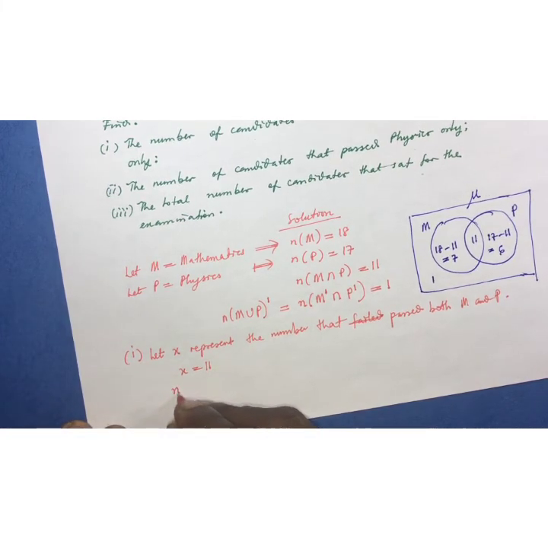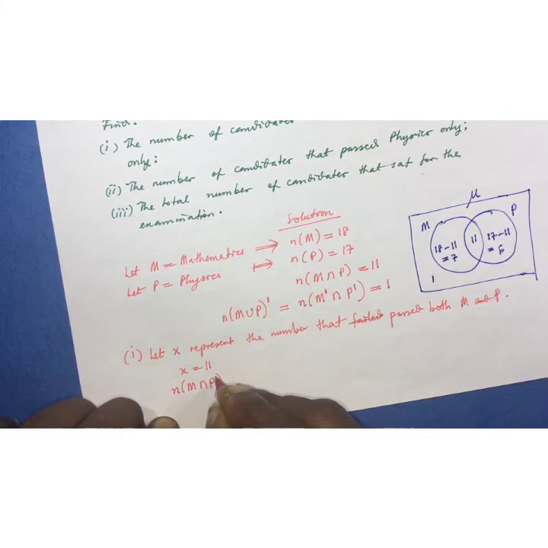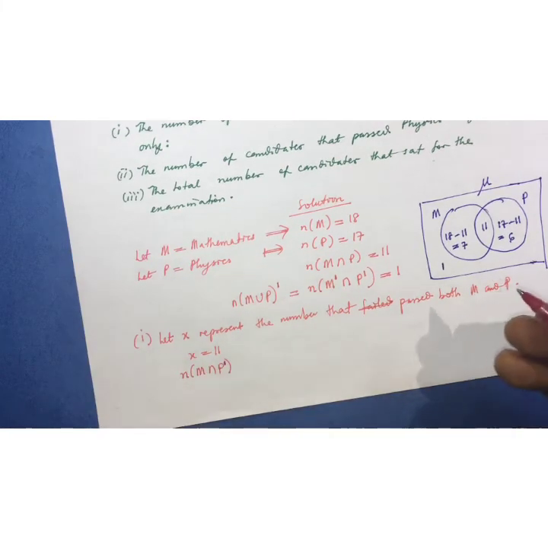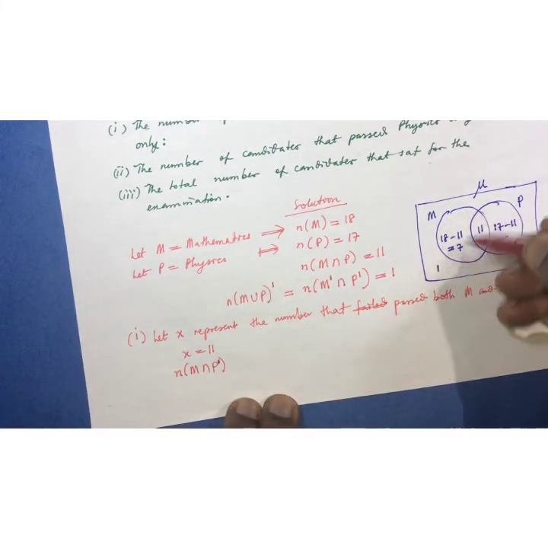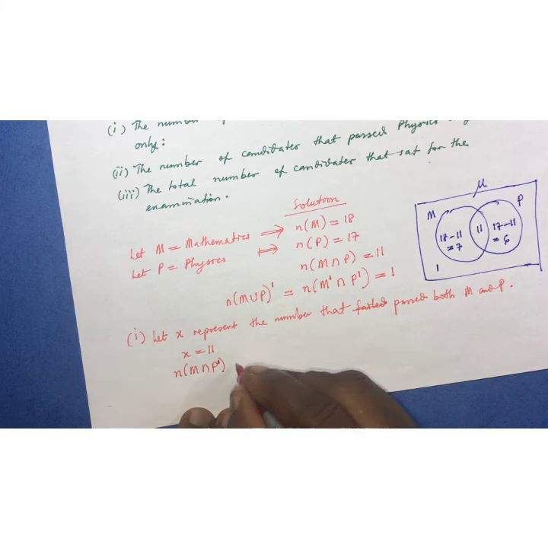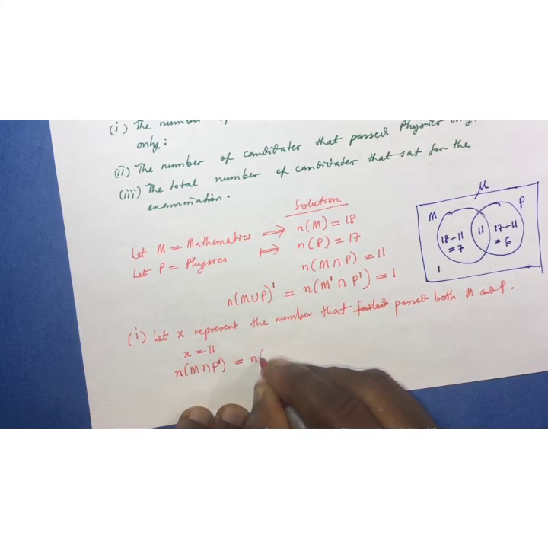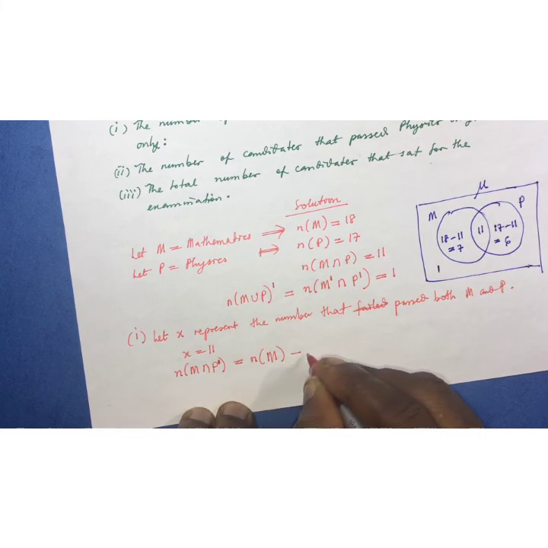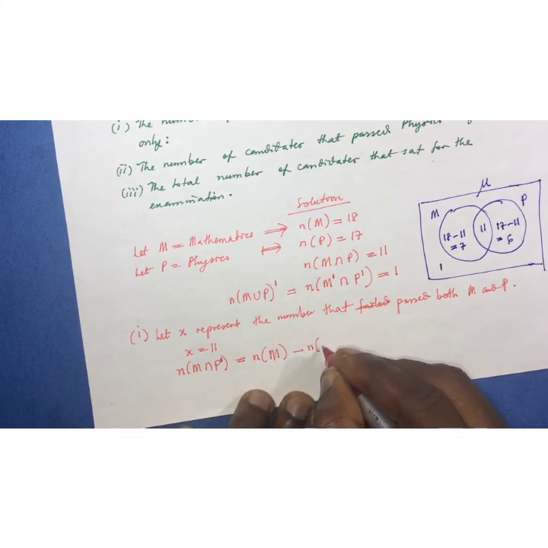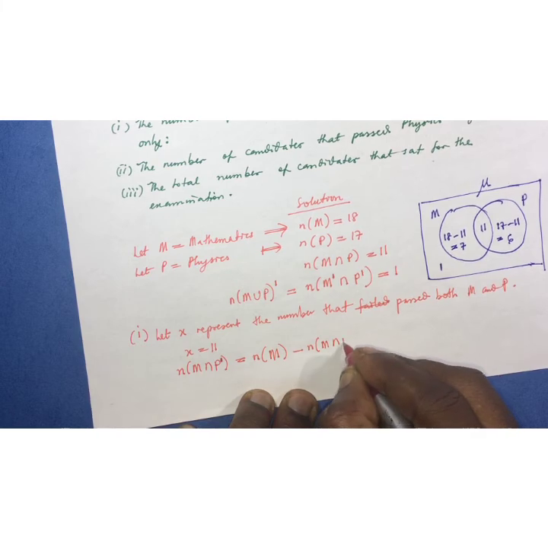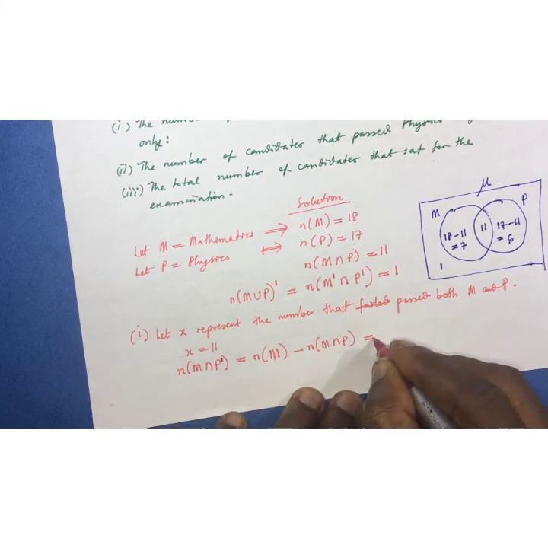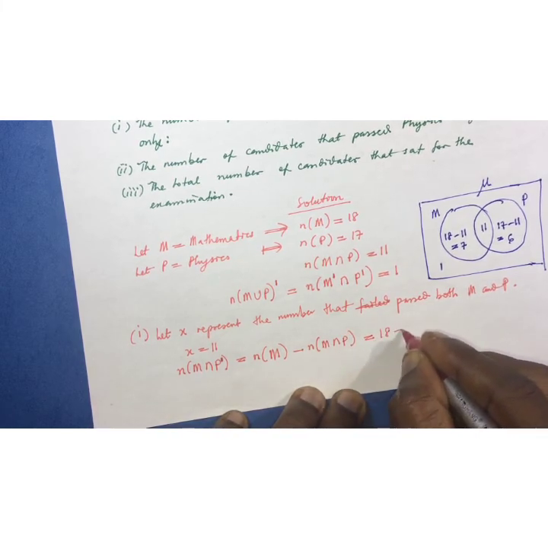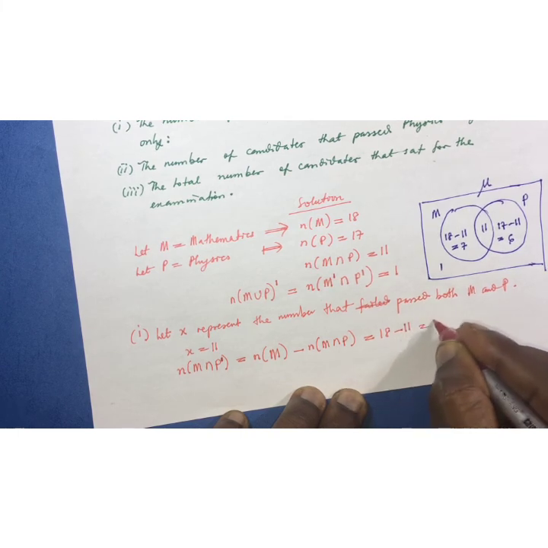Now using set builder notation, that will be NM intersection P with P carrying the prime. So this is the portion we need, and we've already gotten it to be 7. That will be the number of persons who pass mathematics minus the number of persons who pass both mathematics and physics, and that will give you 18 minus 11, which is 7.